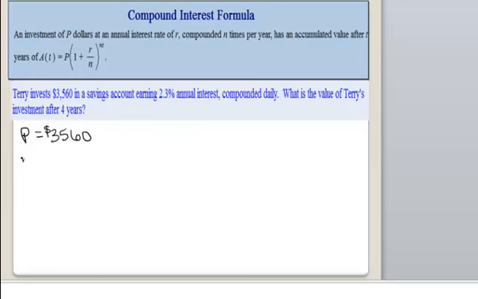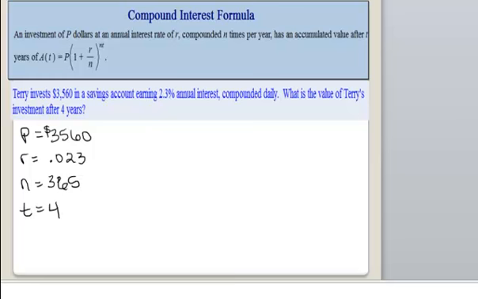The interest rate is 2.3% or 0.023. It's compounded daily, so N is going to be 365 days a year. We're looking for A of t after 4 years, so t is going to be 4.